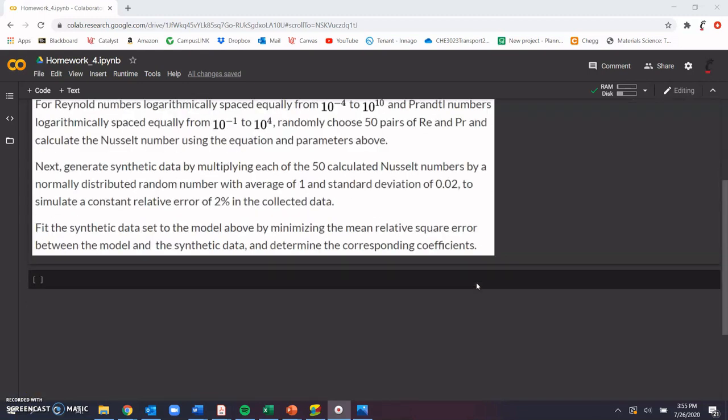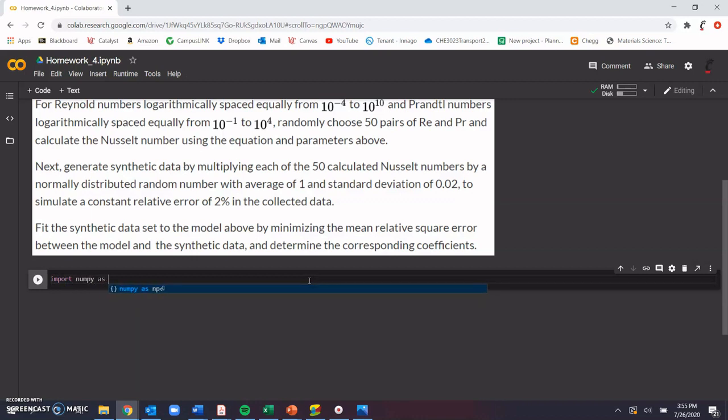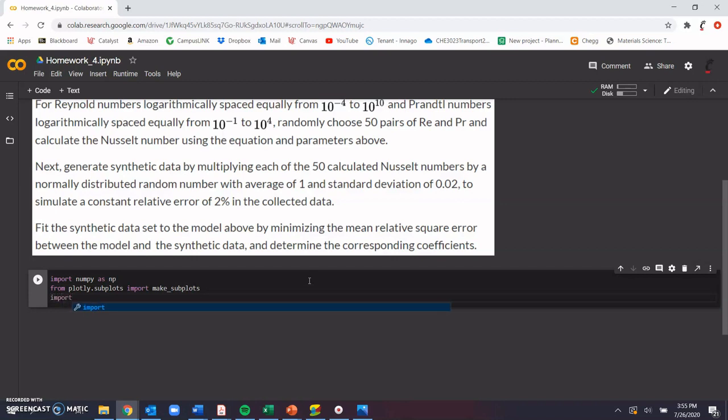So first things first, we'll go ahead and import all of our packages in. So I'm just importing NumPy and our subplots so we can eventually graph our data and some additional things for our plots.